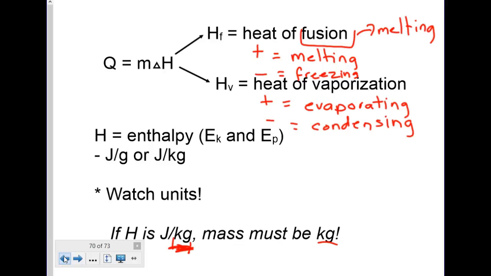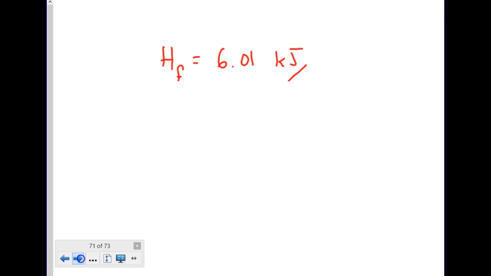If you take a look at your data table, your heat of fusion value is 6.01 kilojoules per mole, and your heat of vaporization is equal to 40.65 kilojoules per mole. What does mole mean?